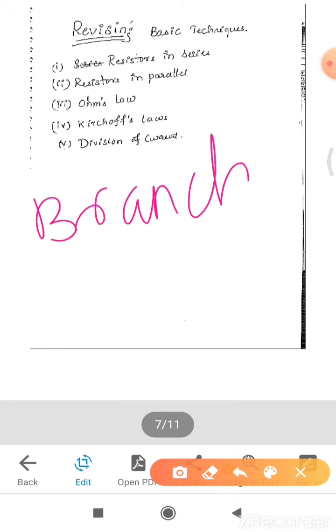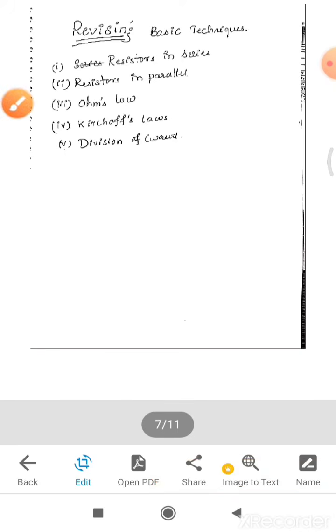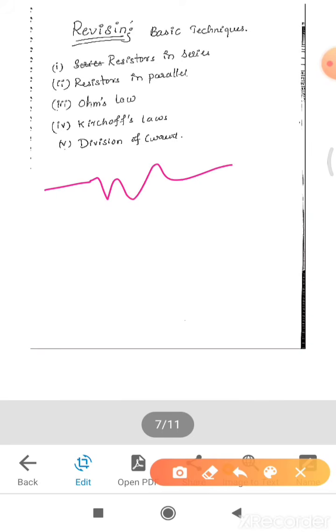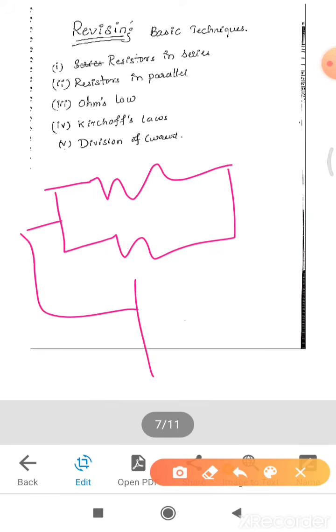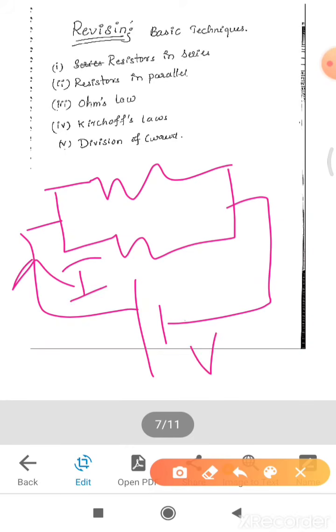Suppose we have a DC supply with two parallel branches, where this is the main current I and this is the supply voltage.